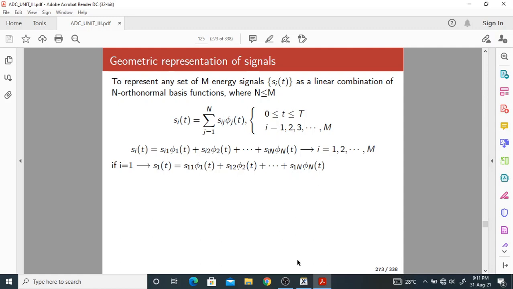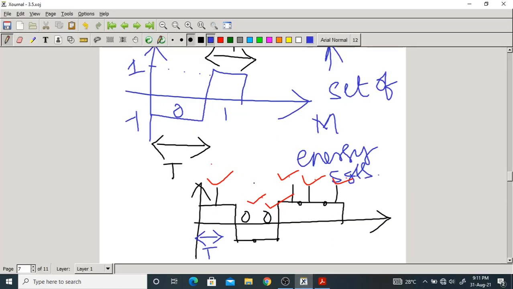Now, what I have written is that those set of energy signals can be represented as a linear combination of n orthonormal basis functions. Don't get confused with these things.